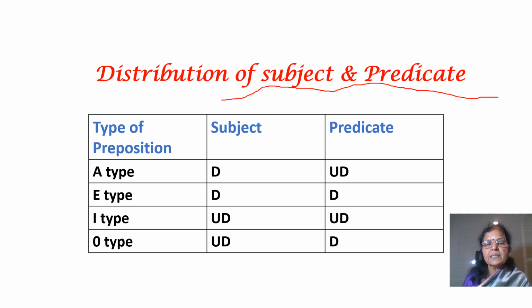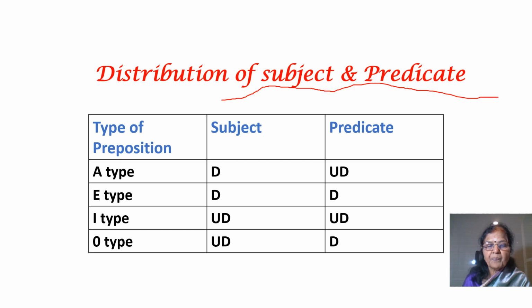Now this chart is also about the theory of proposition as proposed by Aristotle. Just mug this, because it's a long thing, which I don't think you need right now, so it is enough if you know the distribution of subject and predicate.